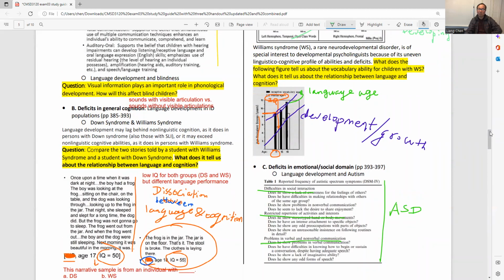This figure shows probably two or three things.